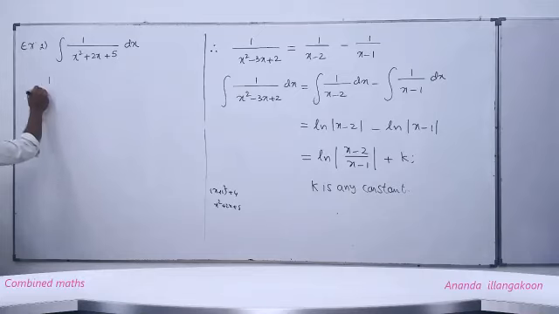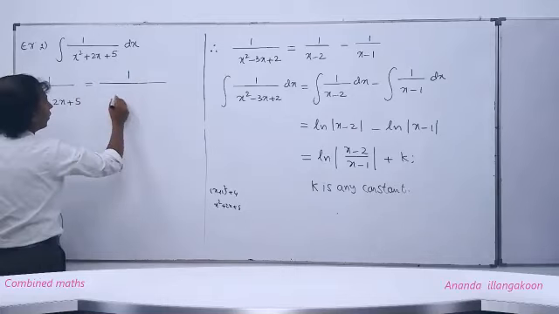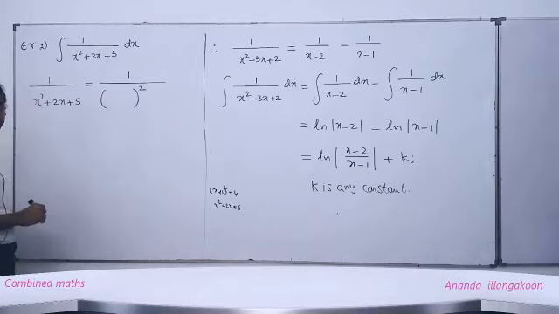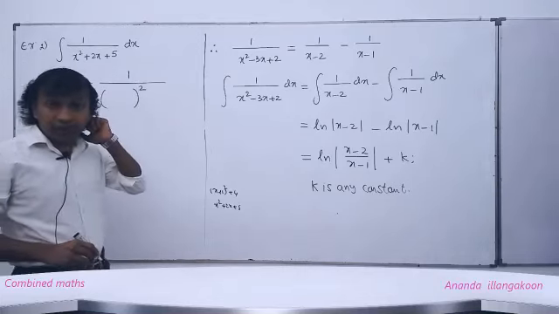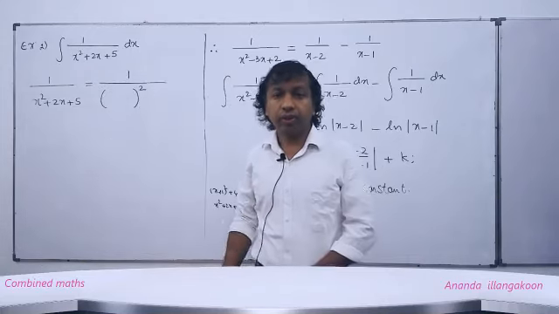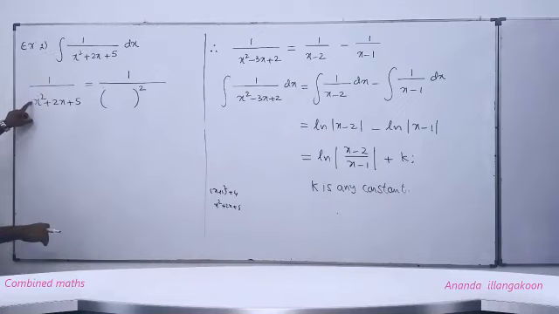Here, people, how to take it? There are no factors. Take the perfect square. We know the steps in completing the square. The x squared coefficient should be 1. If not, we have to make it 1. So now here, the x squared coefficient is 1.